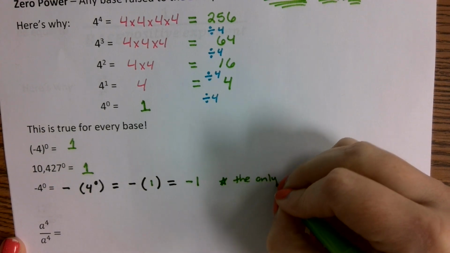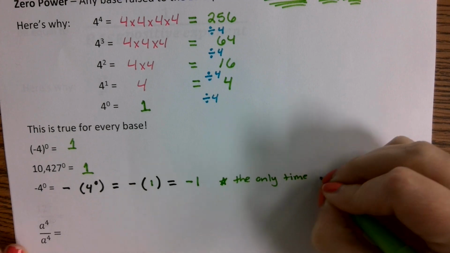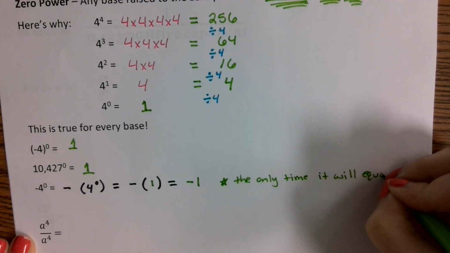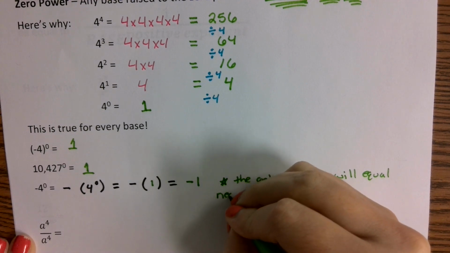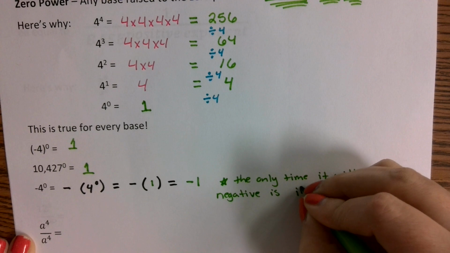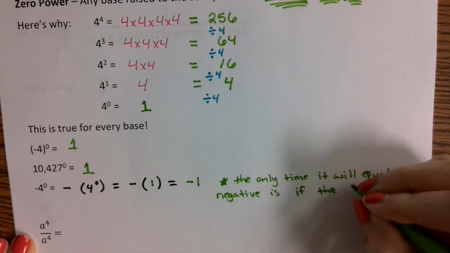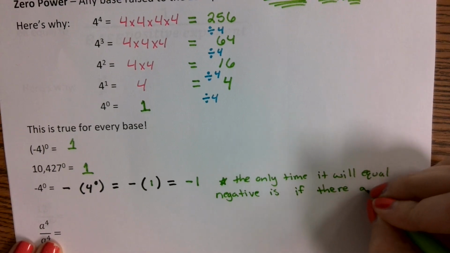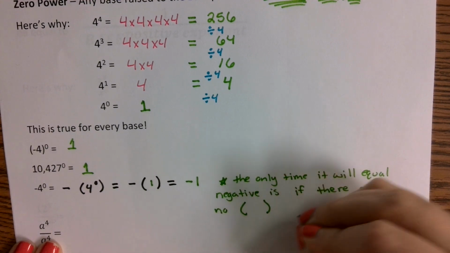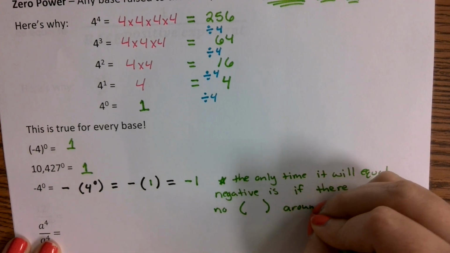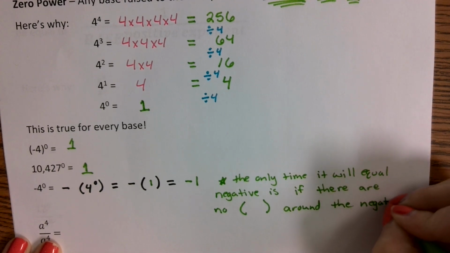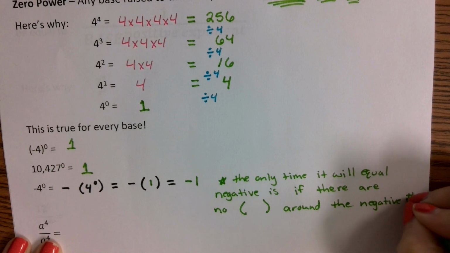The only time it will equal negative 1 is if there are no parentheses around the negative number.